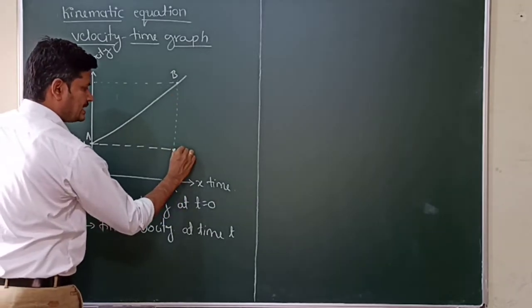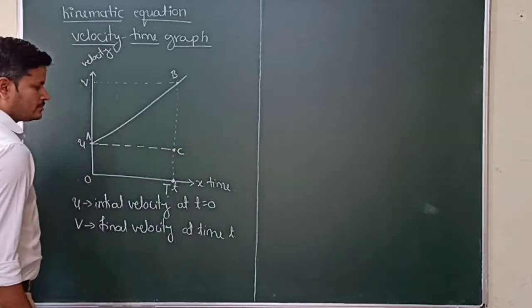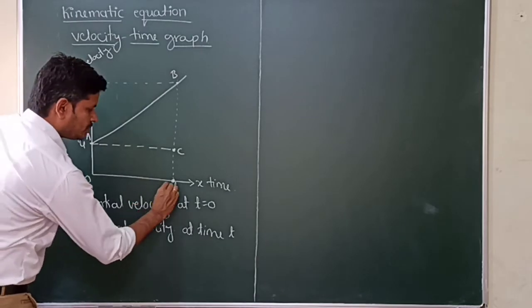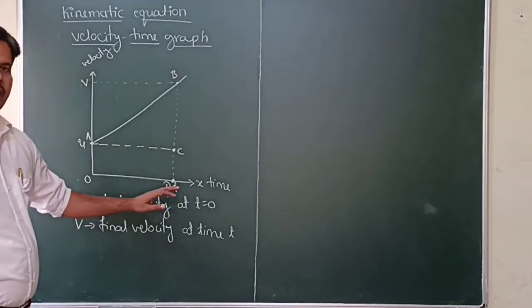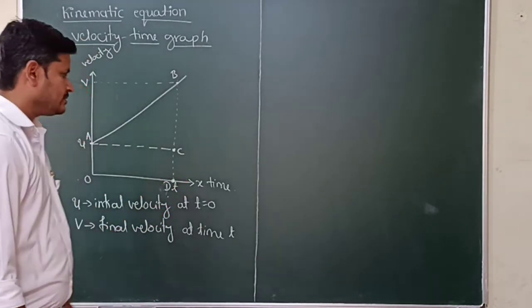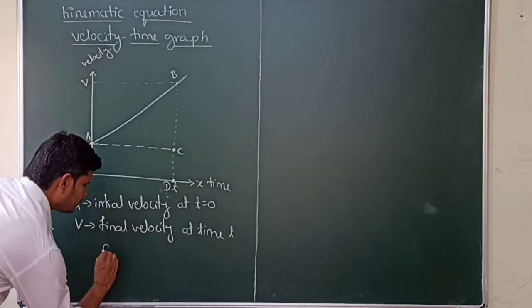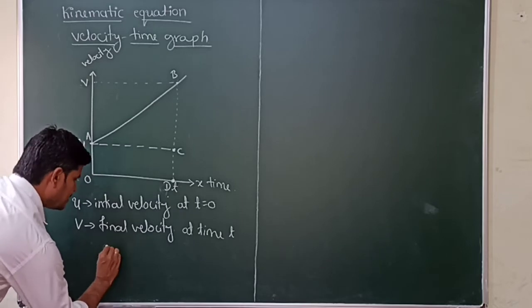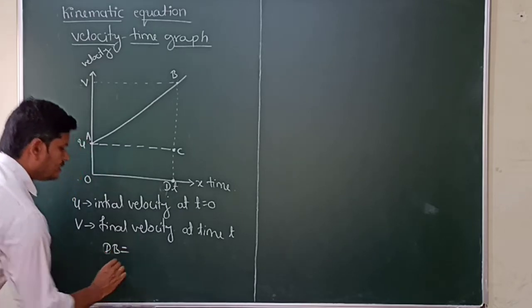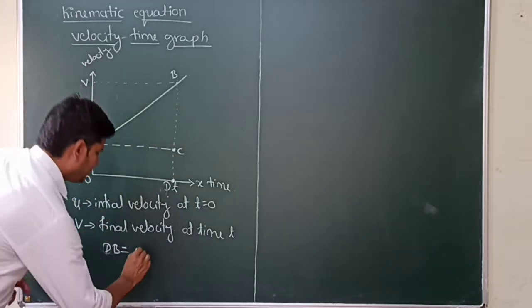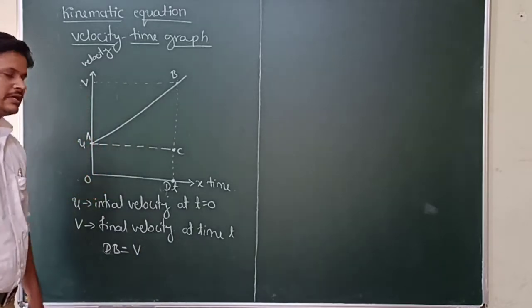Rather than get confused, take this point as D. Now what is this DB? This DB is v.